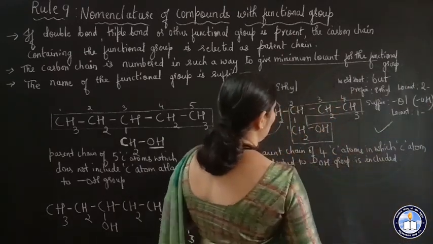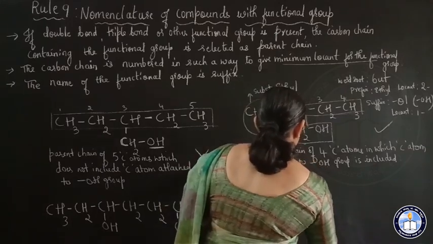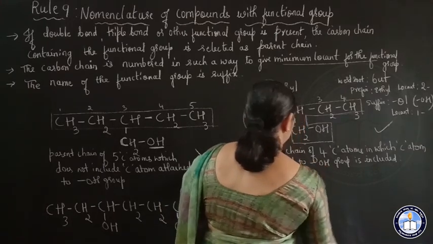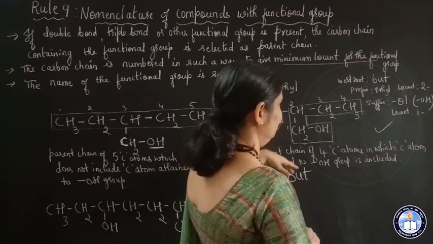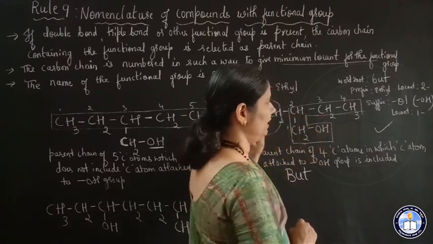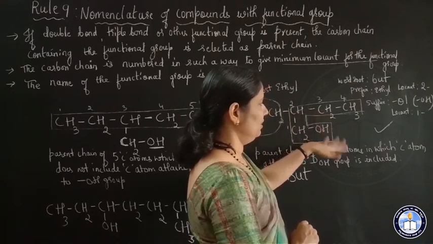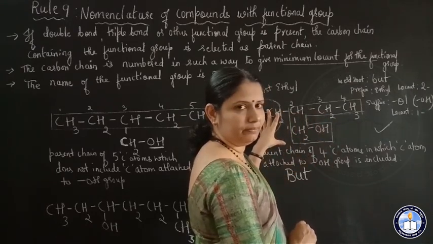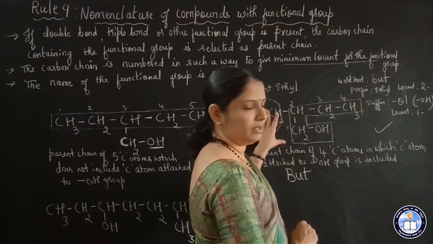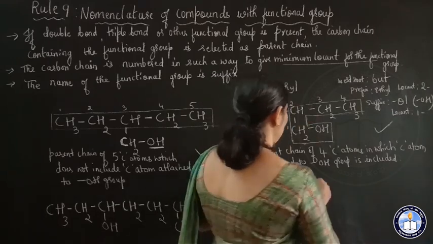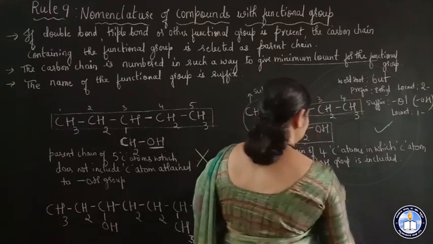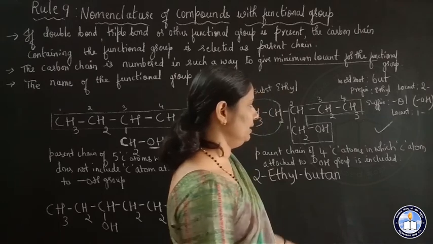So I'll write the name now. But. So these are single bonds, right? Here, this is an alkane. Single bonds are there. So but, AN, right?